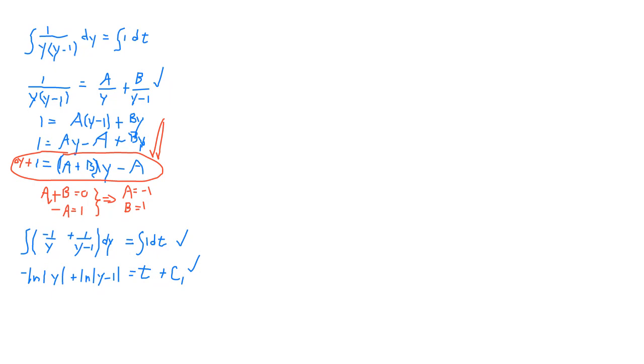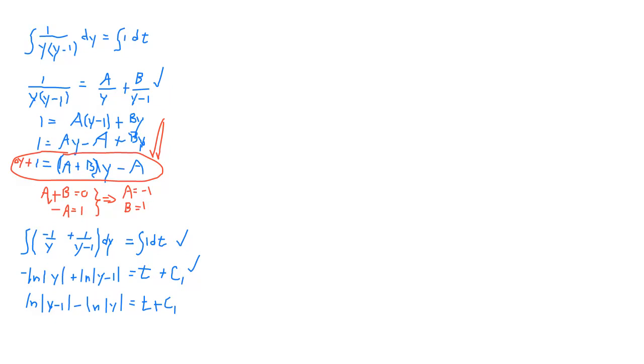Okay, wonderful. Now, on the left side, what I'll do is I'll write this as the log of the absolute value of y minus 1 minus the log of the absolute value of y. That equals t plus that constant.